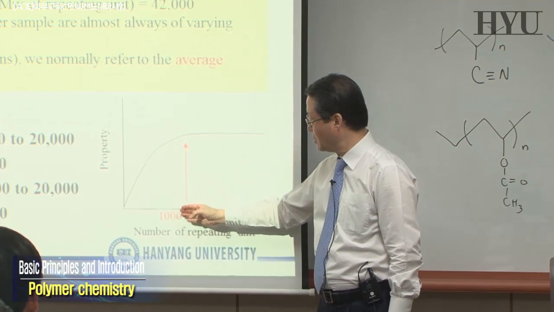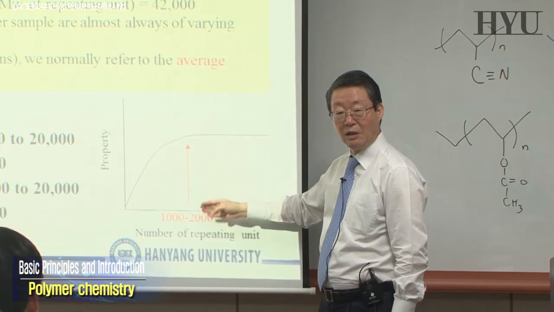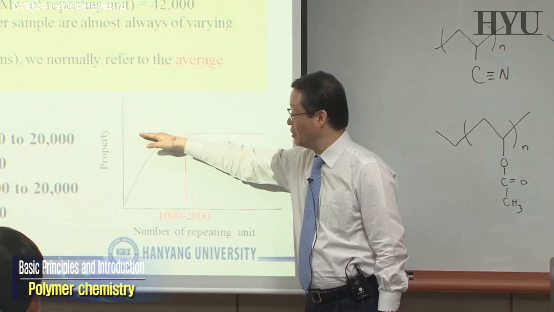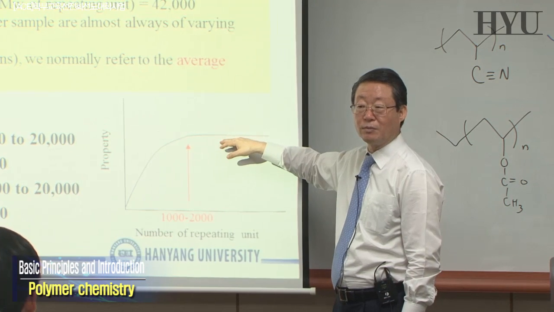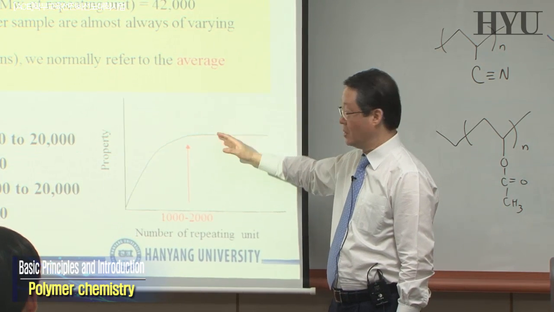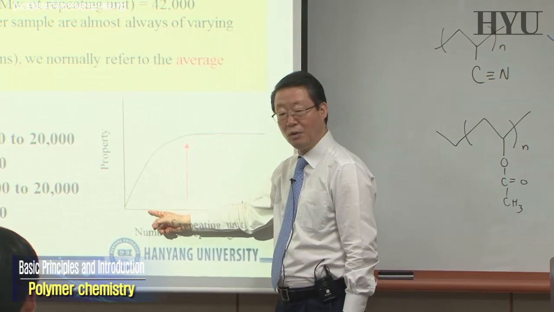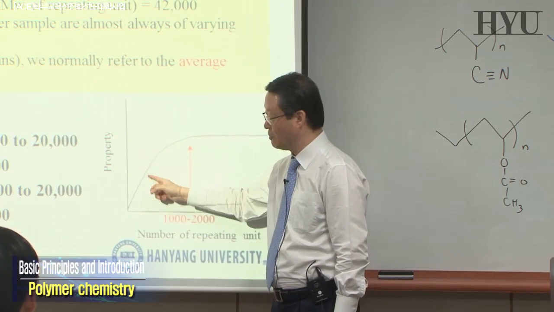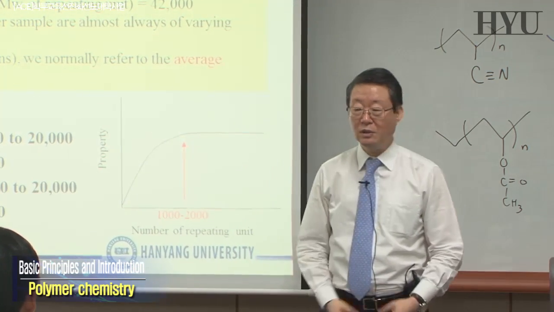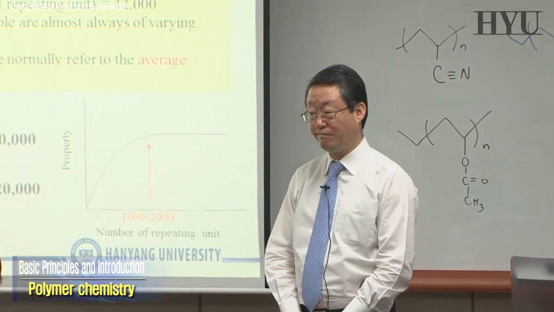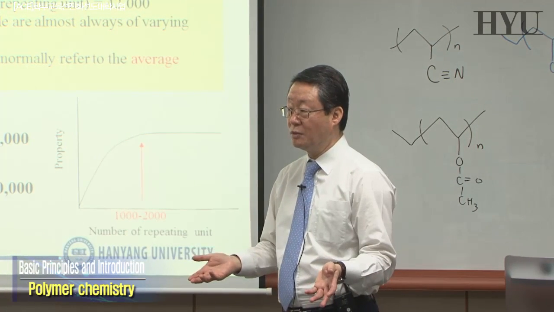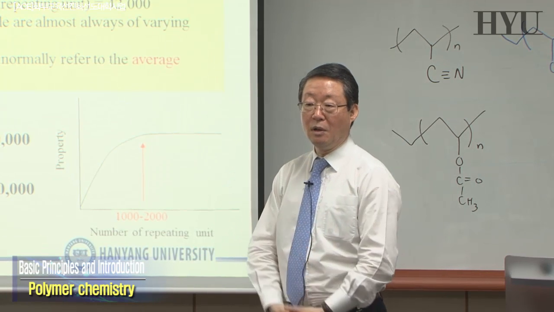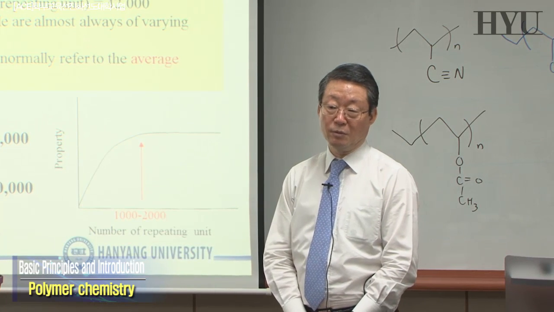If your molecular weight is high enough, then you can maintain your mechanical, thermal, or chemical property. Whereas if the molecular weight is low, then the property is very much below standard or average. So you should have enough degree of polymerization for the final property of the material.